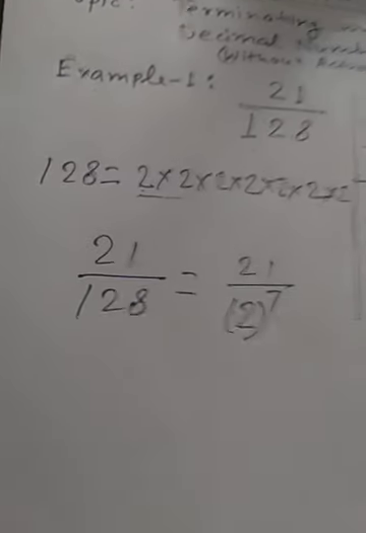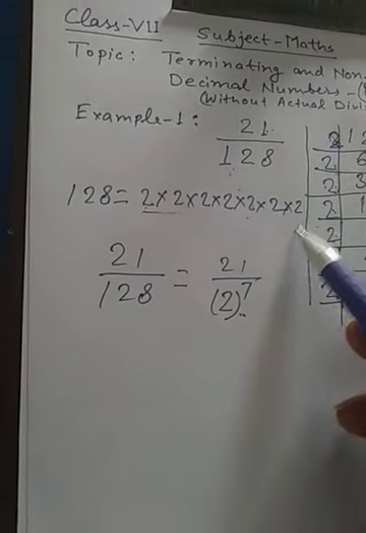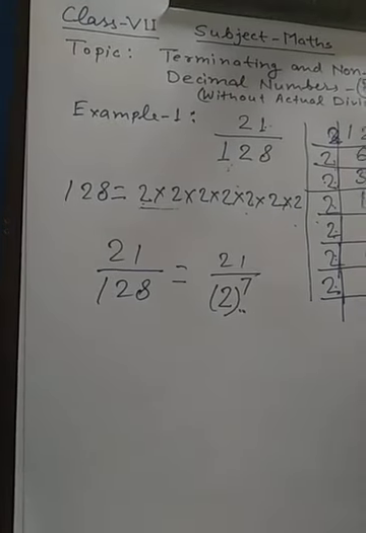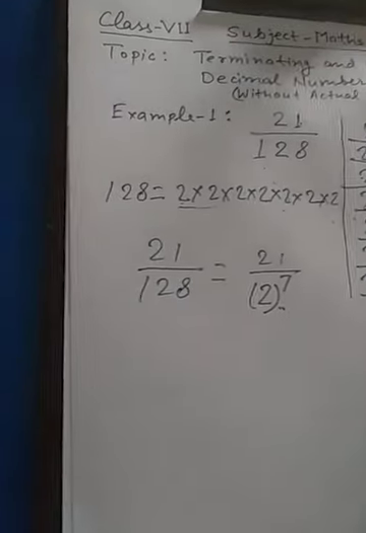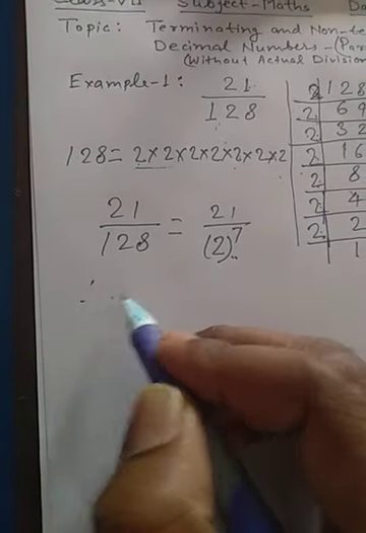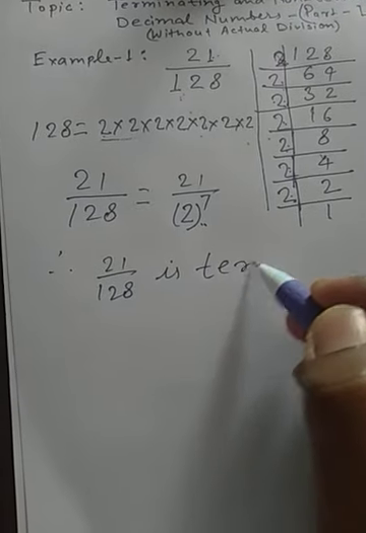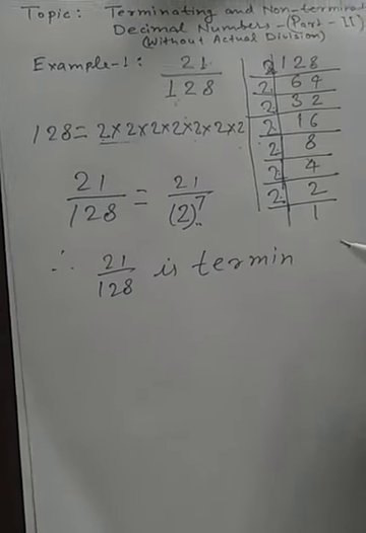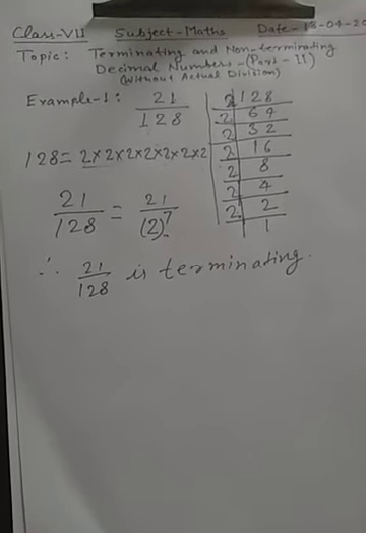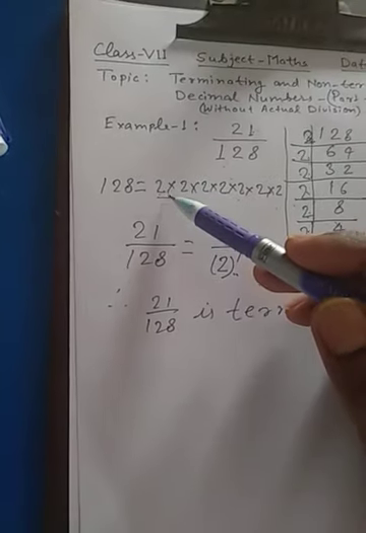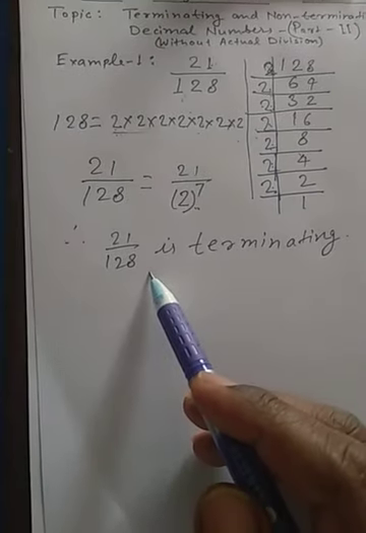So if the denominator has 2 or 5 or both 2 and 5 only, then it is terminating. So it will be a terminating number. Therefore, 21 by 128 is terminating. Here in the prime factorization of 128 only 2s are there, so it is terminating.